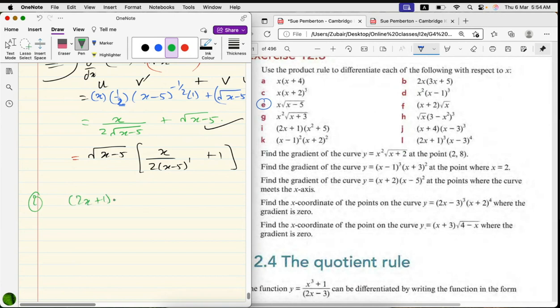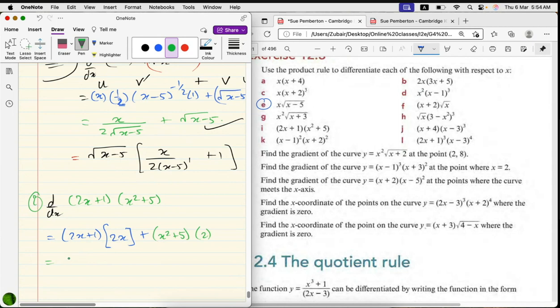That is 2x plus 1 into x square plus 5. d over dx, I'll do it slowly, is first function as it is into differentiation of second, which is 2x, plus second function as it is into differentiation of first, which is 2.